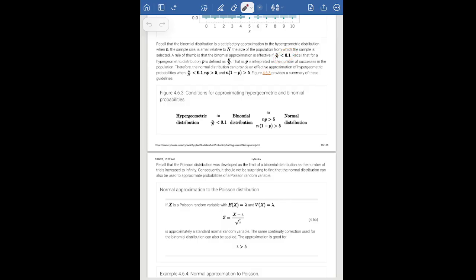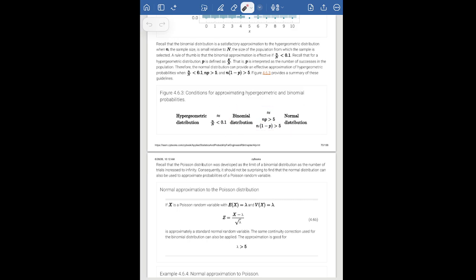We just went through a majority of the section looking at the normal distribution being an approximation for the binomial distribution using these relationships. You've got to have np greater than 5 and n times (1 minus p) larger than 5 for that relationship to hold.